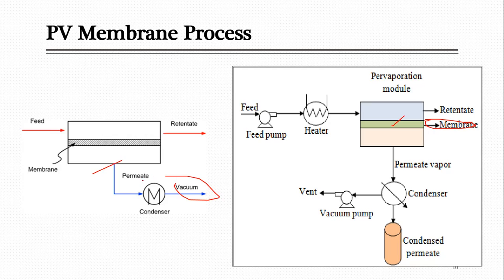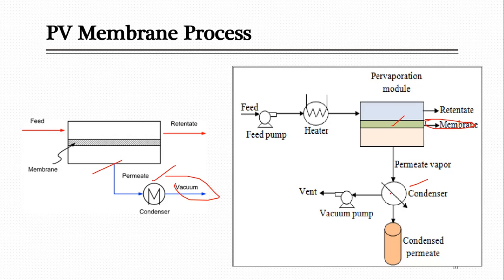By the way, in this diagram it is shown that you are using a condenser here, as well as here, because when this is vaporized, later you just store it or pump it somewhere by converting the phase, that is, you are condensing it. And when you are condensing, some parts are condensed.